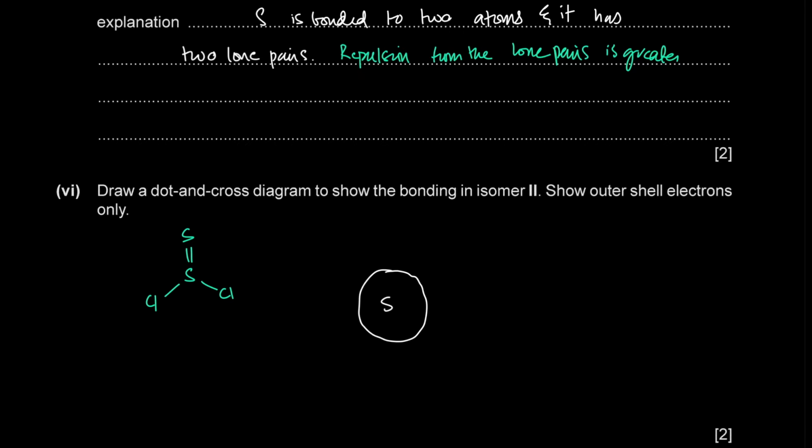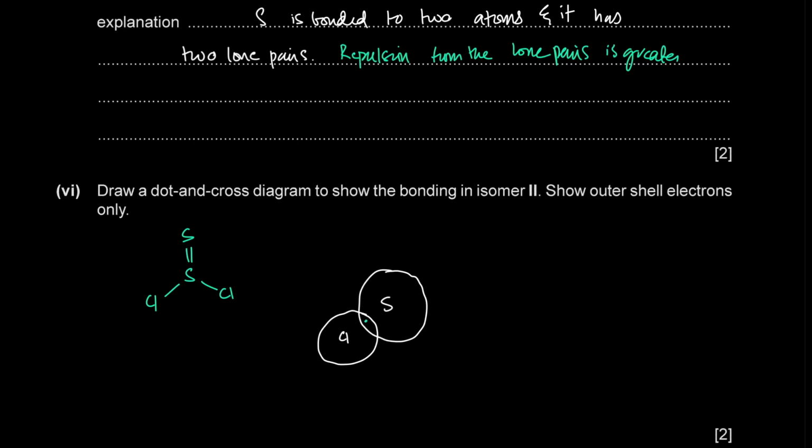Now, this sulfur is making a double bond with another sulfur, and it's making 2 single bonds. That means 4 of its valence electrons are being shared in these covalent bonds. Now, chlorine is in group 17, so it has 7 valence electrons, and makes a single bond with the sulfur and ends up having 8.